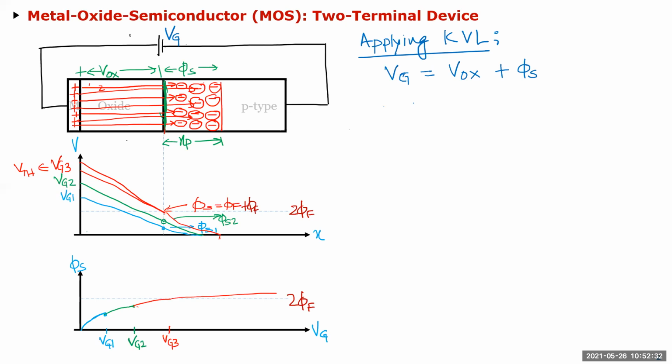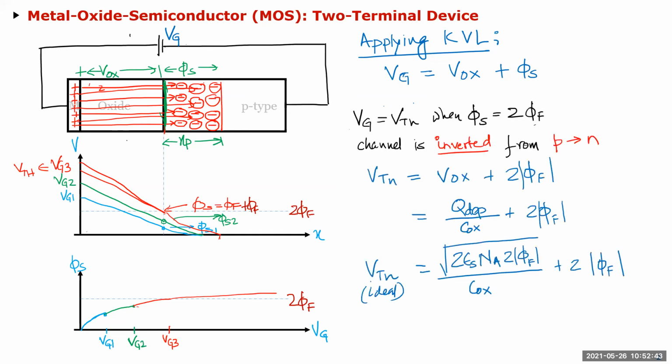We use KVL around the loop and say this gate voltage is the oxide voltage plus the voltage across the depletion region, which we call the surface potential. We define this as the threshold voltage, which in this case, since it's an NMOS we are trying to build, we call VTN. The voltage Vox is basically Q divided by Cox.